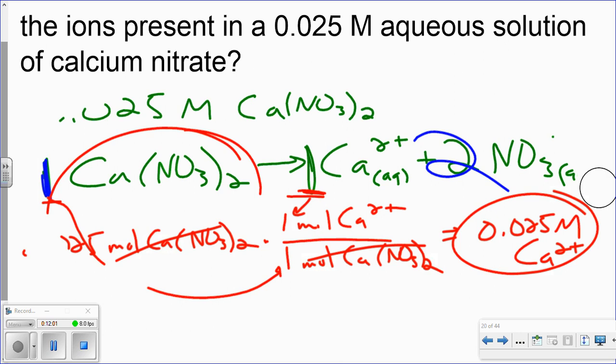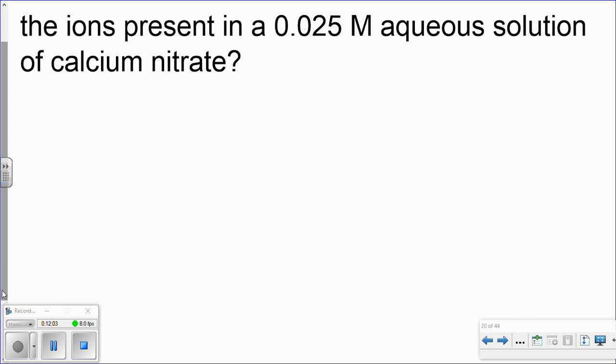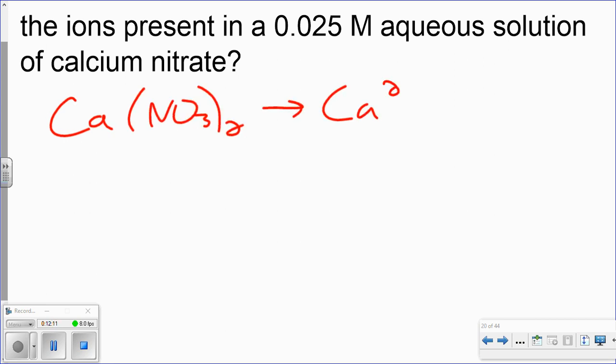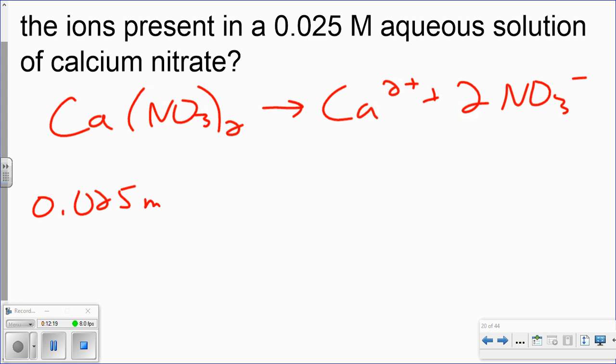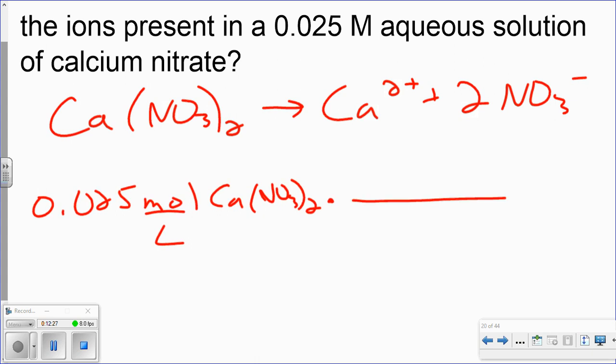let's go one step further. We've got to find nitrate. I said it was a doubling effect. It is. Let's go back to calcium nitrate. Okay? If I have 0.025 moles per liter, or molar, CaNO3 and I set up a mole ratio now, it's 1 to 2.